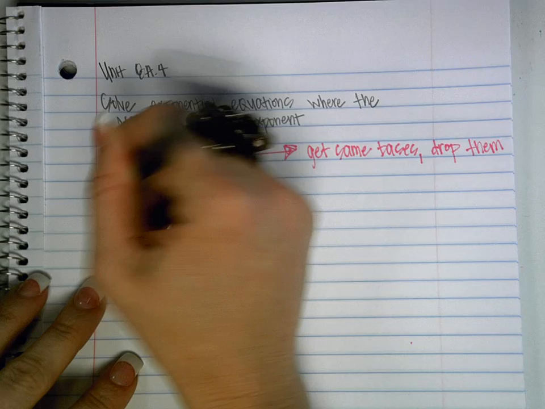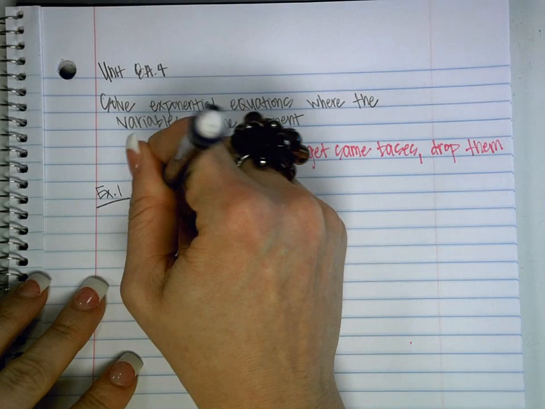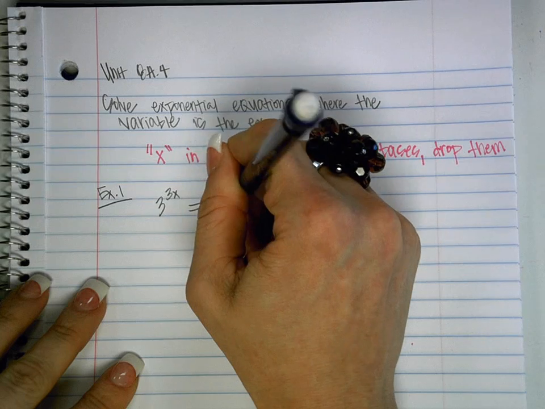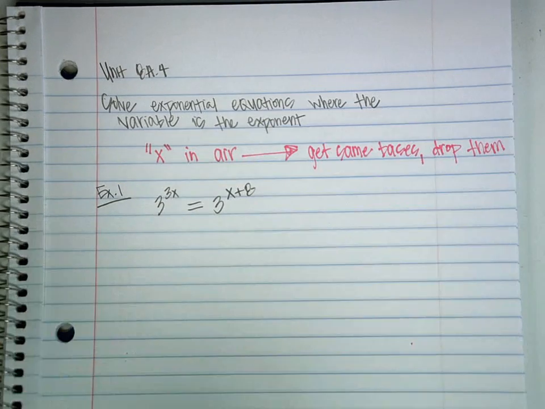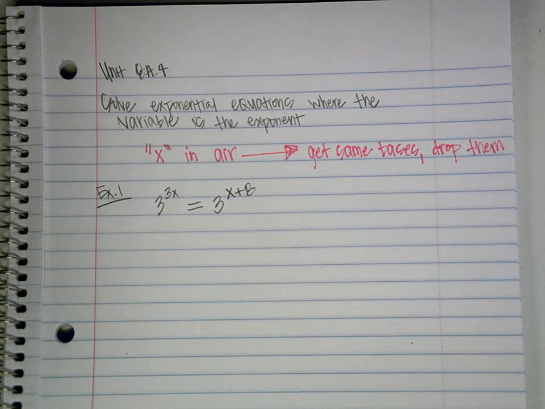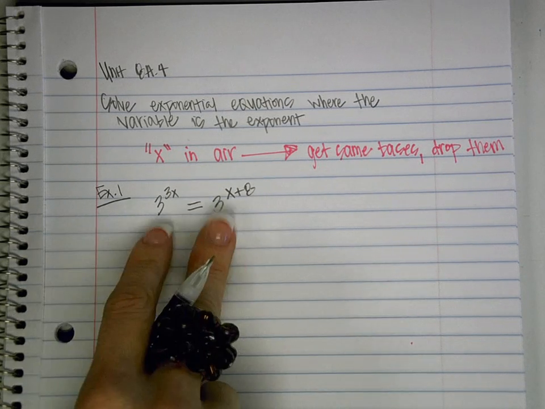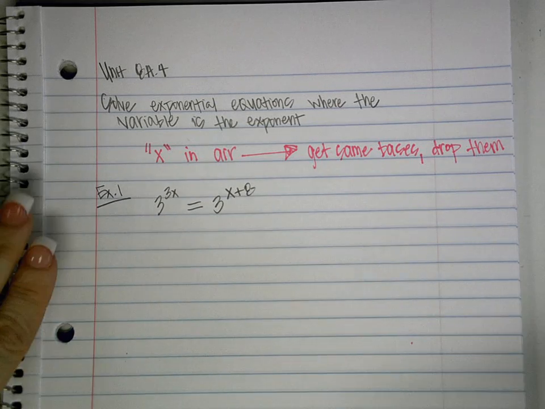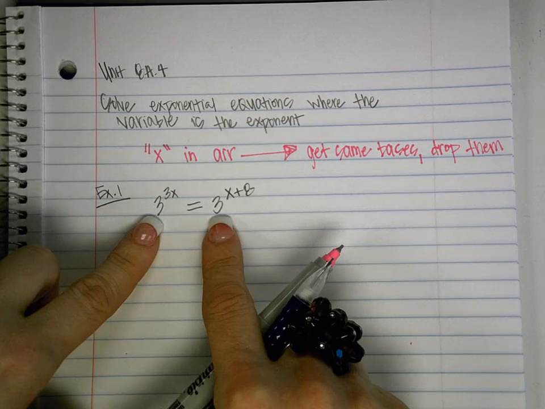For number 1, if we have 3 to the 3x equals 3 to the x plus 8. There's a property in math that says if you have 2 of the same bases, you can get rid of them. The base here is what's on the ground.